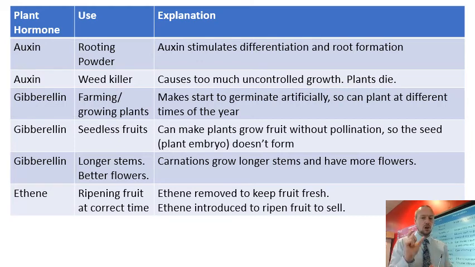So if you stop ethene, the bananas will stay green. And then the few days before you want them to go out on the shelf, you can add ethene to the bananas, and this will make them go yellow, so they look better and so they sell better. So ethene ripens fruit at the correct time.